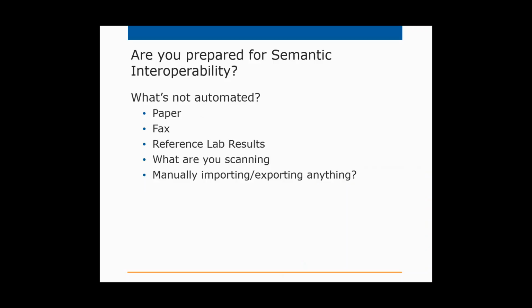What are you scanning? In some cases, we had a site with an ED best-of-breed system that was not automated. They print, send it with the patient to the inpatient unit, then that gets scanned and pulled in. So no trending or anything like that can be done. Of course, it's just a document when they're on the unit.